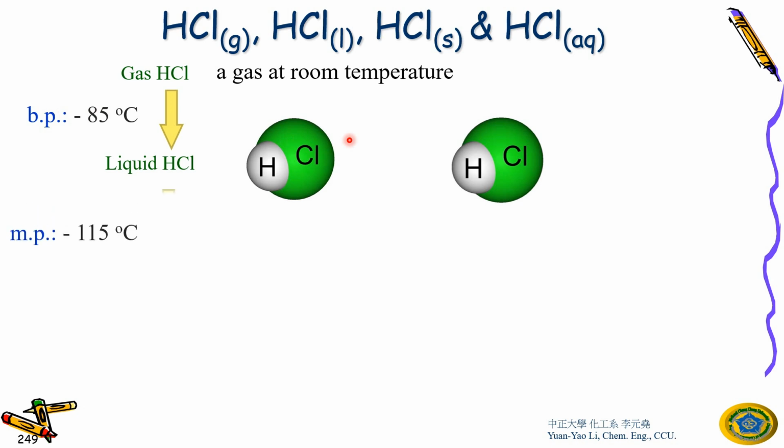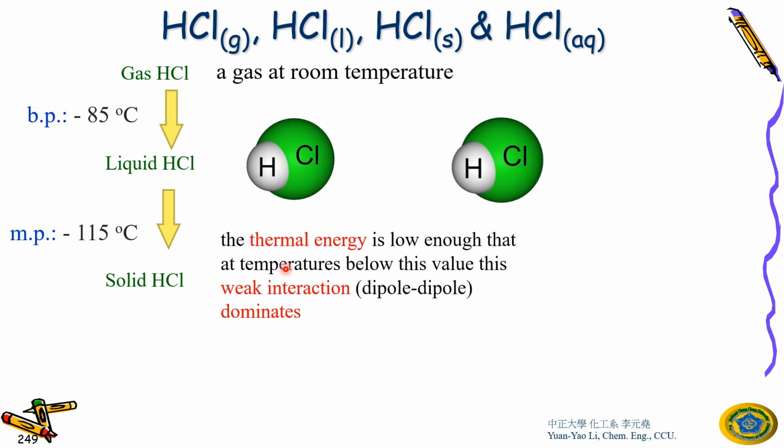Melting point means that if we cool down the temperature to minus 115 Celsius, hydrogen chloride will become solid, in solid form. So the thermal energy is low enough.